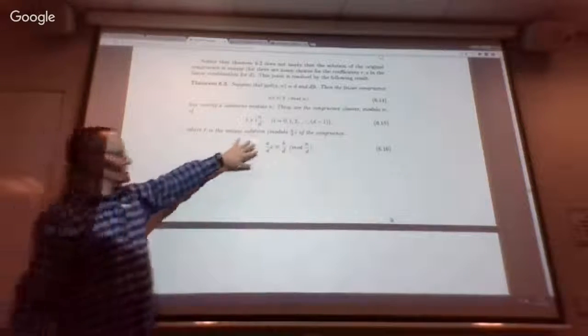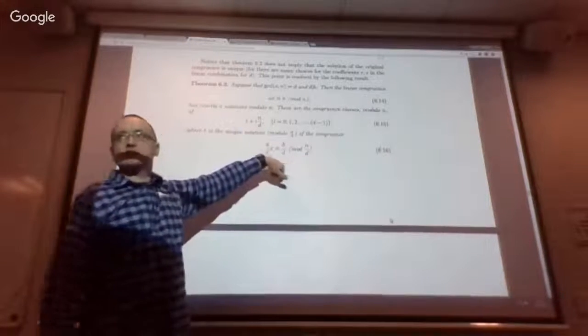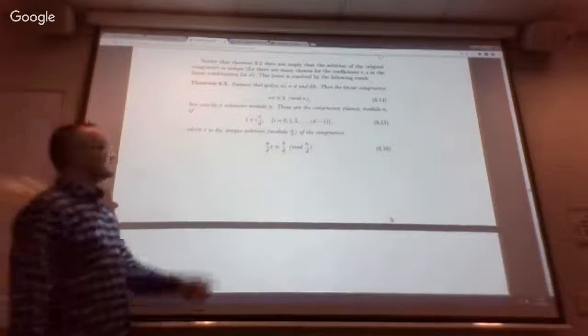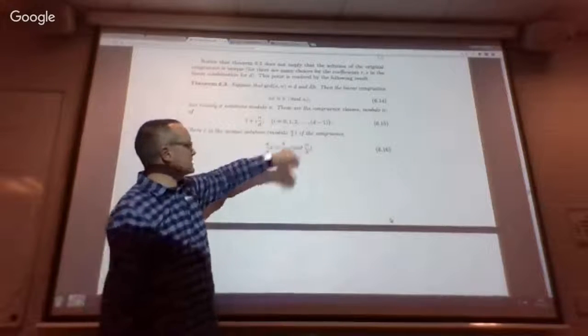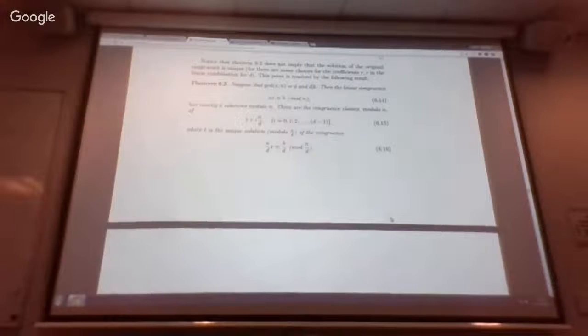So a over d has an inverse. You multiply both sides by the inverse, so you get a unique solution to this reduced one. That's your solution t. Then looking at various representatives for the congruence class of t modulo n over d generates the d different solutions to the original linear congruence.